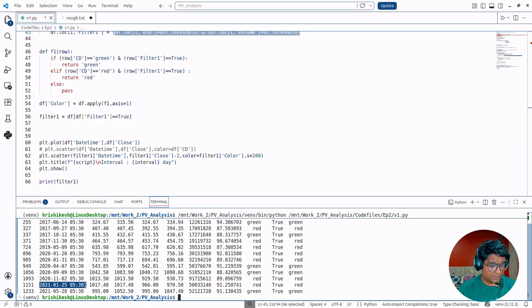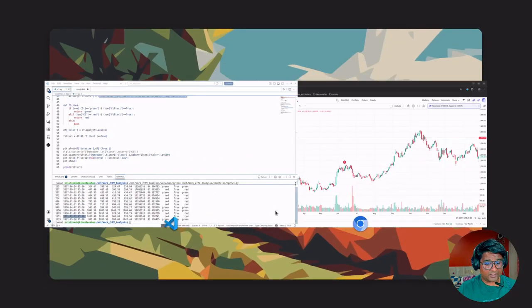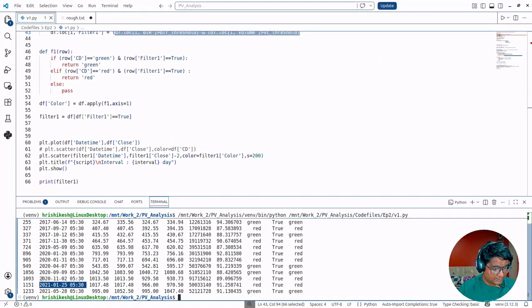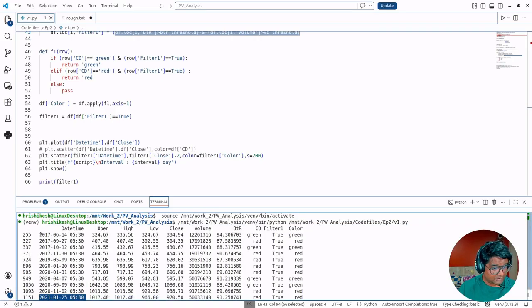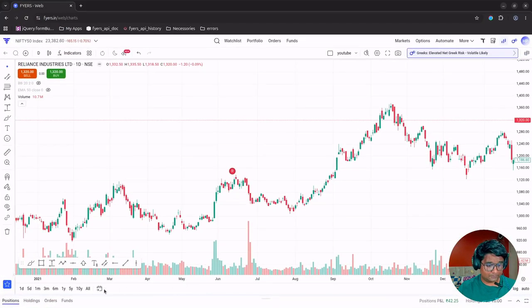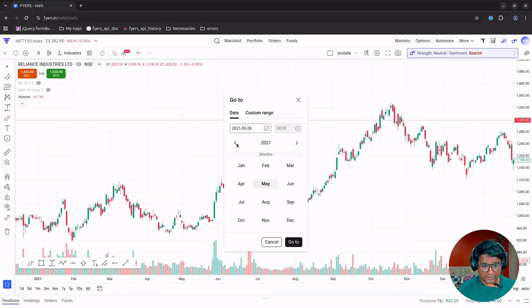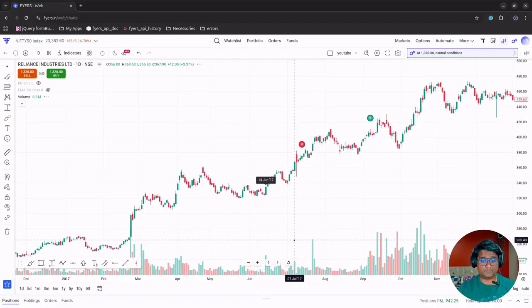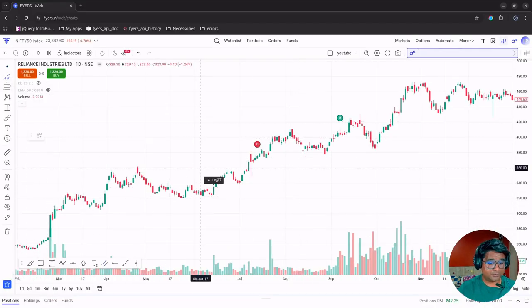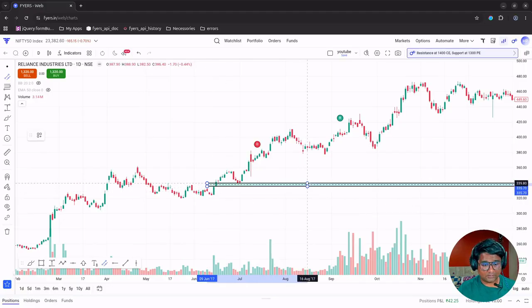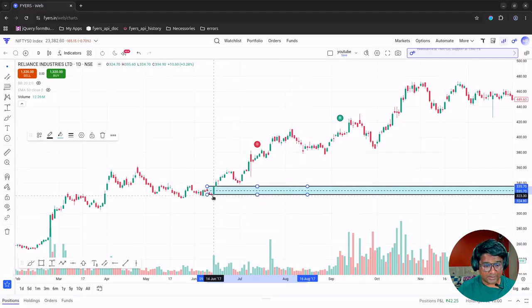Then 25th May 21, or let's do something on 17. Why not? 14th June 17. Right here, this is the candle, 14th June 17.